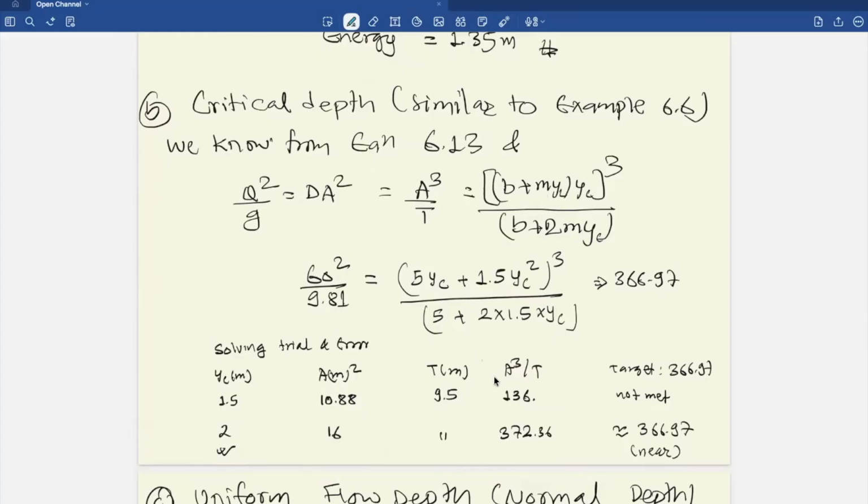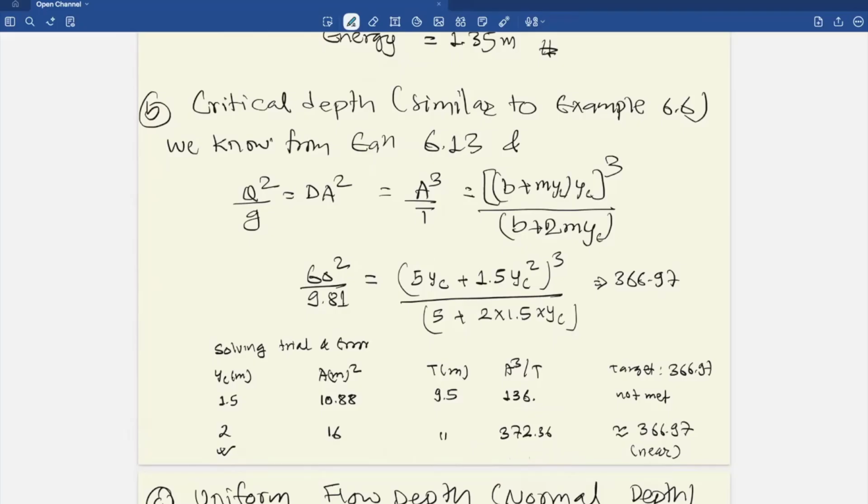When we compute area and T and put in A cube by T, for the first case of yc we get 136, and that doesn't meet our target, which was 366.97. After increasing to 2, we get nearly 372.36, which is near. So for now, we can consider that as our critical depth. You can use Solver for a more precise answer.